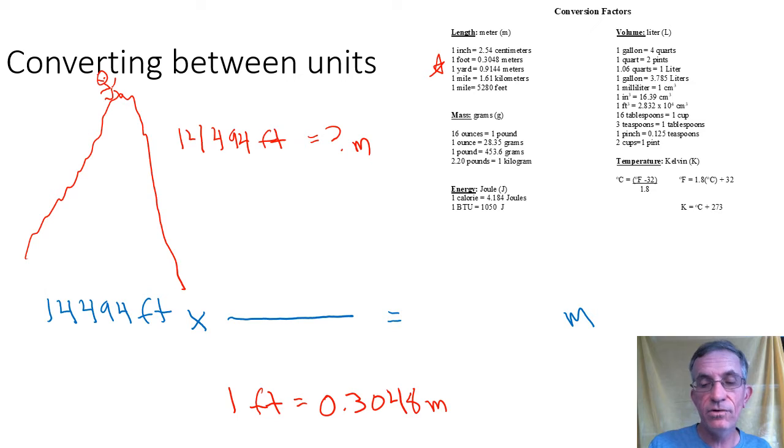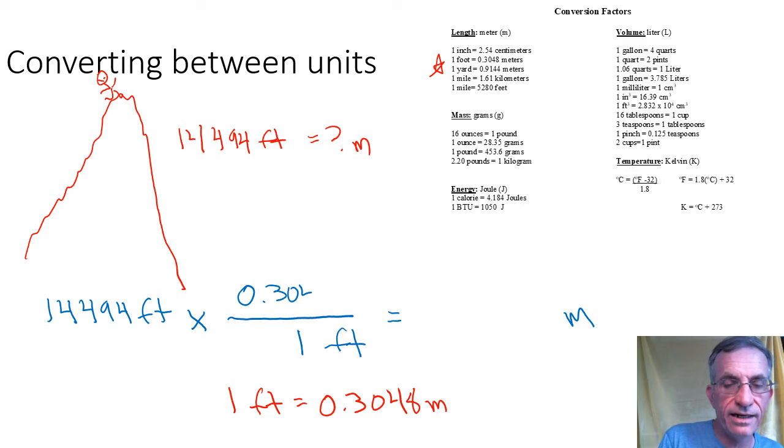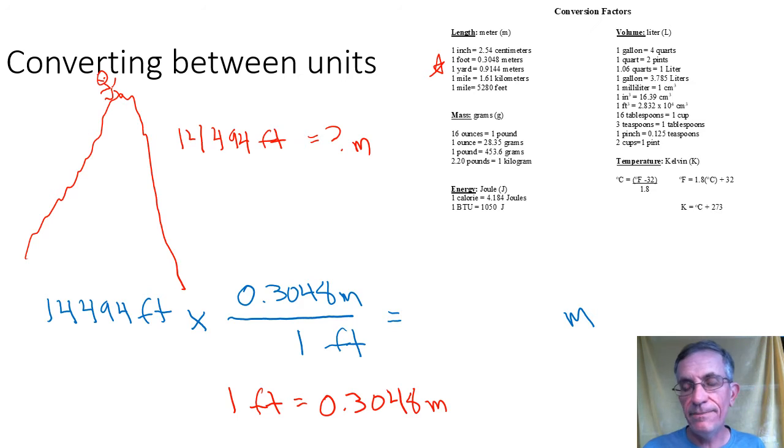So I'm going to put feet down here, which means the 1 stays with it. 1 foot will be on the bottom, and whatever is on the opposite side has to go on the top. So half of the conversion factor goes on the bottom, the other half goes on the top. The way you know which one goes where is to look at your units. So we have to put the 0.3048 meters here.